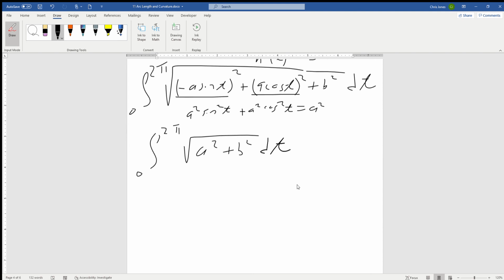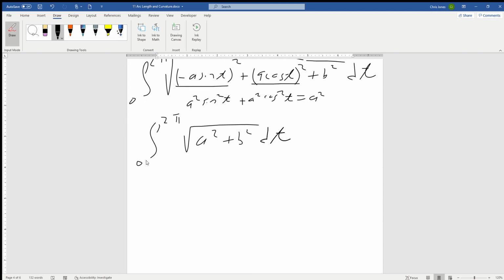Now notice that there's no t's anywhere except for dt inside the integral. So root a squared plus b squared is a constant, and the antiderivative of a constant with respect to t is constant times t. So this is going to be equal to square root of a squared plus b squared times t from 0 to 2 pi.